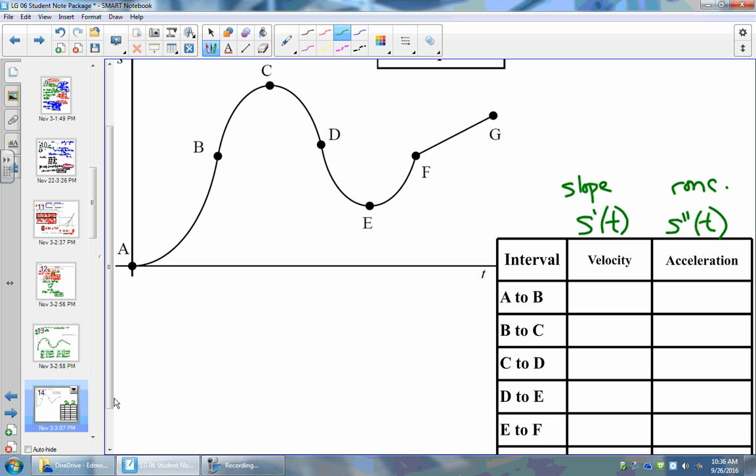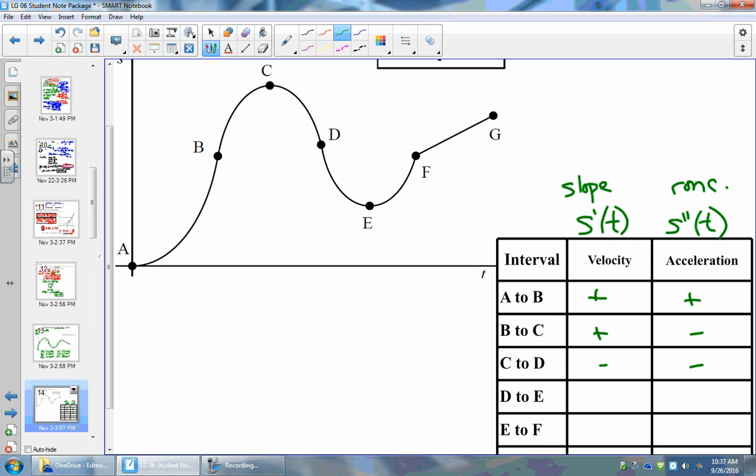Okay? So from A to B, our velocity, well, obviously the slope is a positive, and our concavity is also going to be a positive. From B to C, we have a positive velocity, positive slope. However, we have a negative acceleration. C to D, I know my slope is a negative as well. My concavity is a negative, which means acceleration is negative.